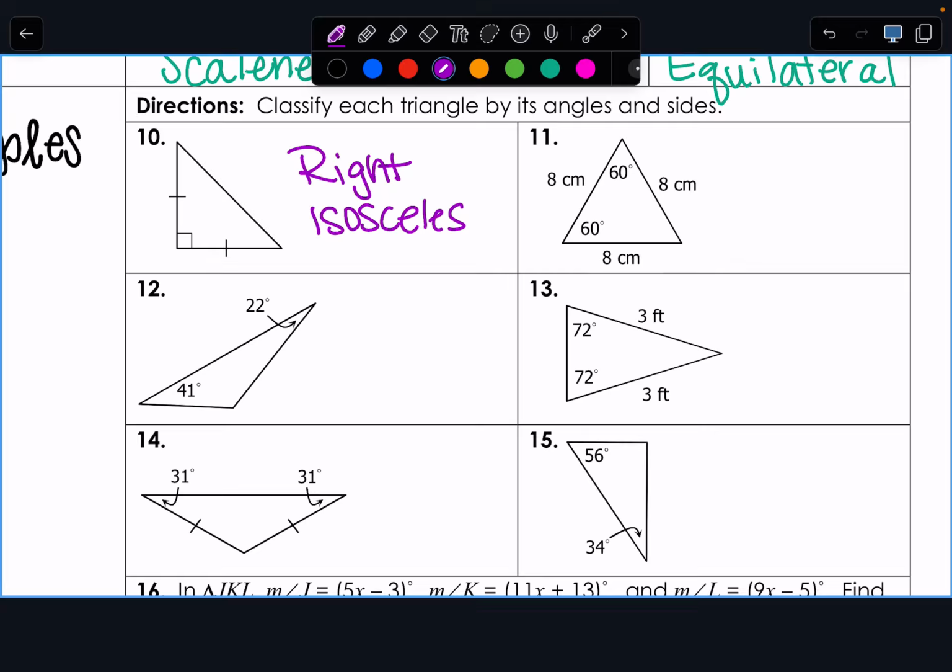I think that's a right isosceles. This is obtuse scalene.